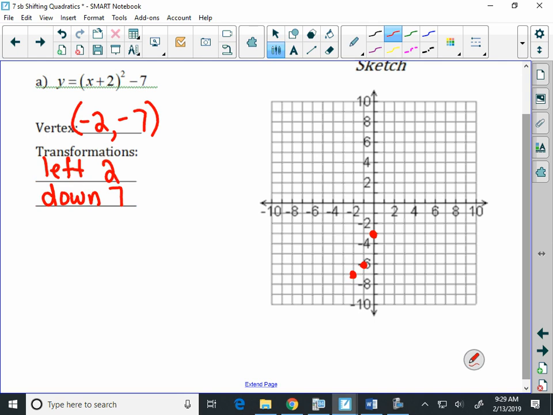The graph is symmetric. From the vertex, we go 1 space to the left and 1 up, and we go 2 spaces to the left and 4 up. And there's our picture. Again, you can type it into your calculator. Look at the table. I want to show you the pattern so you are familiar with that.